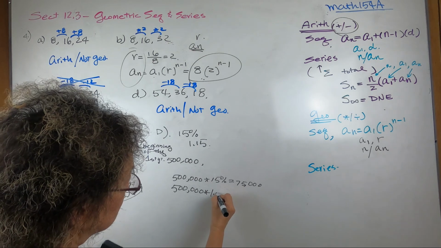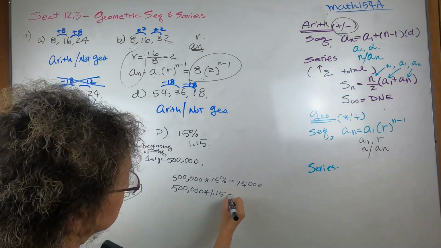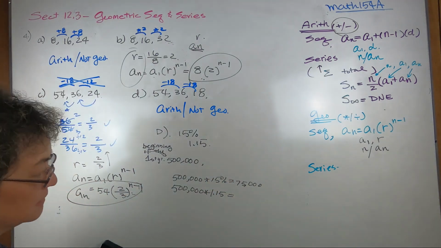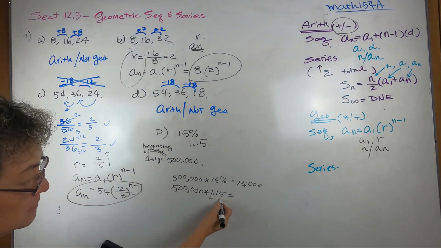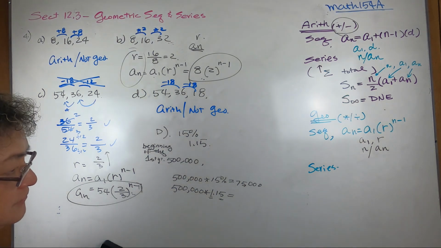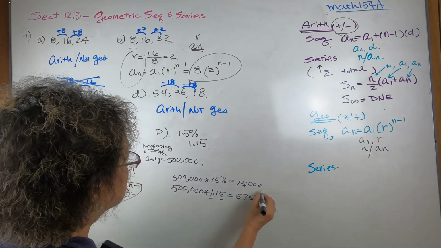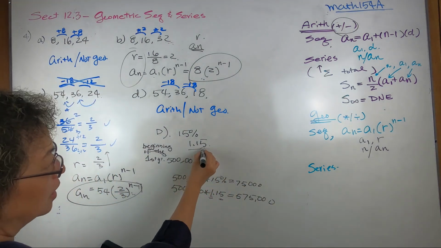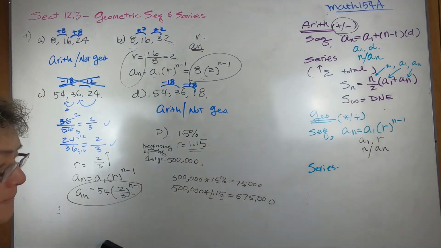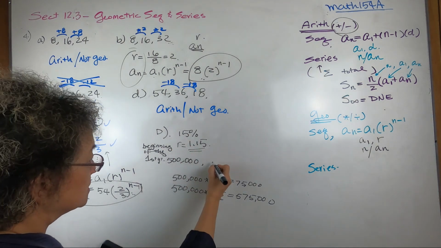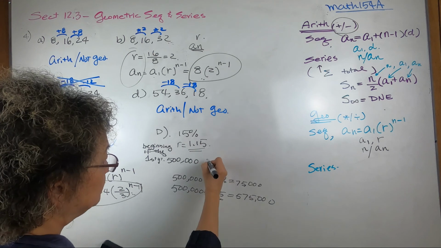Actually, it is times 1.15. So itself and the increased value, that would be 575,000. That's why the ratio R is 1.15.